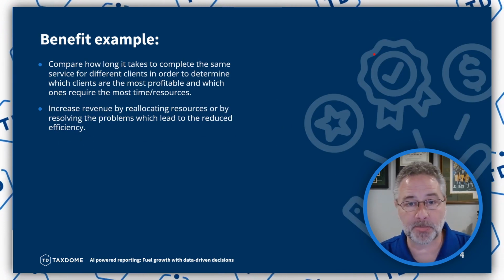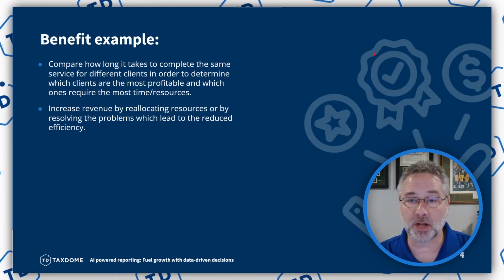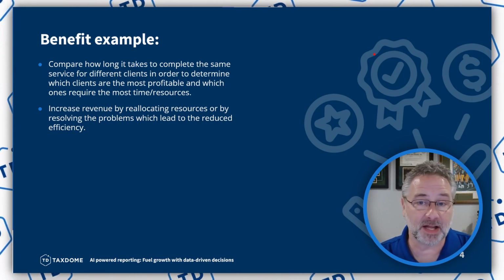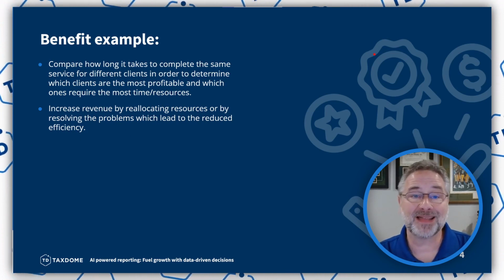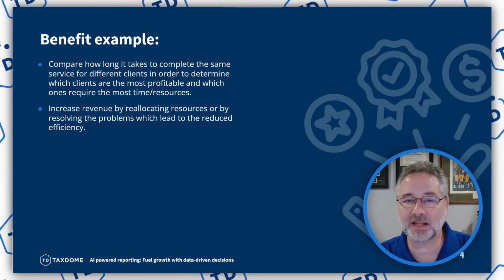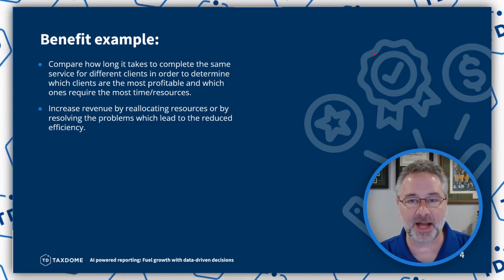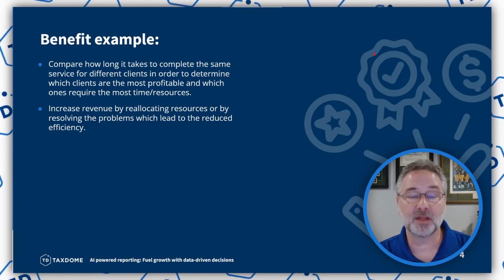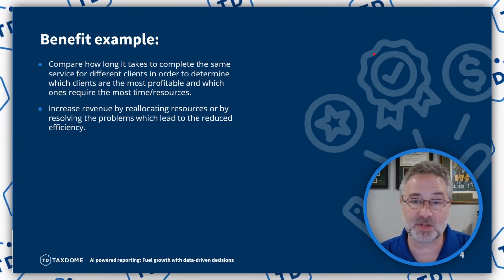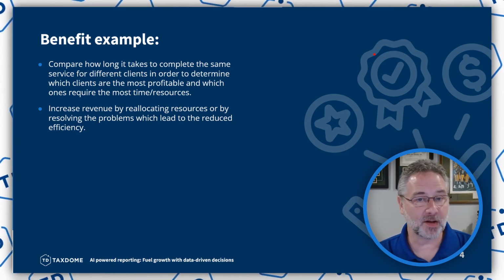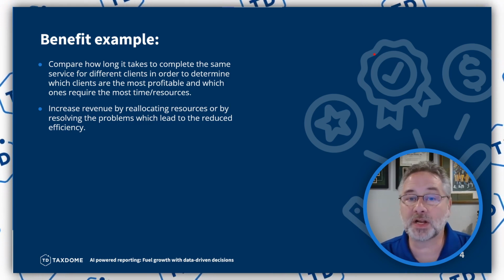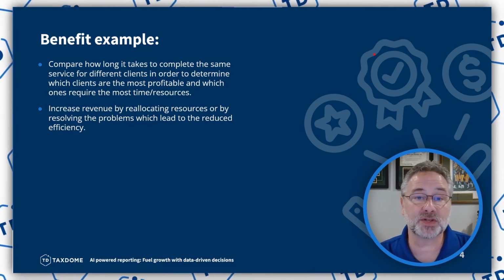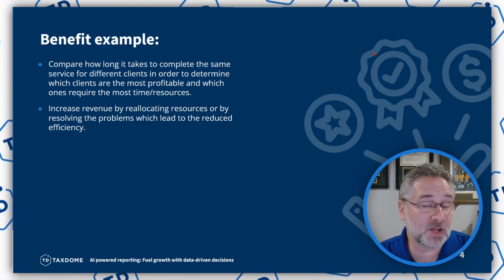Now, for example, you could have a client you're working with and you provide them the same service you're providing for many other clients. However, you realize that it ends up taking significantly longer for that specific client, and you're not earning any more from them than you are with other clients your team spent less time on. Now, at this point, you will want to look into the cause of this and maybe even reallocate resources to a more profitable client.